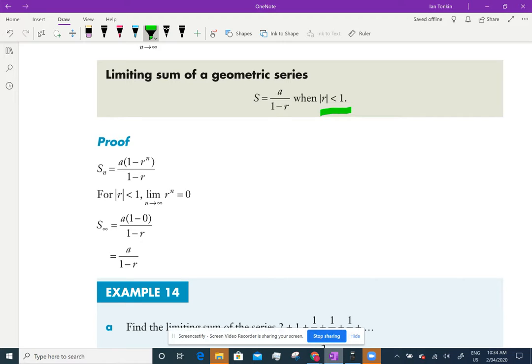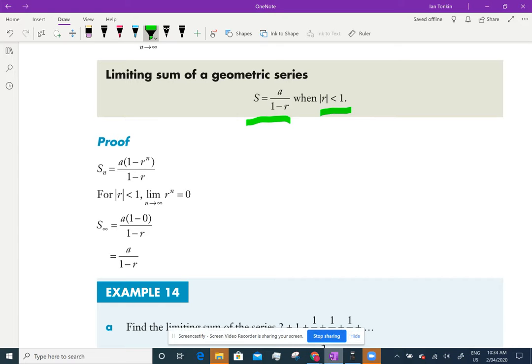And you get this formula, which is the sum of this series. This infinite sum is a on 1 minus r. It's so easy.